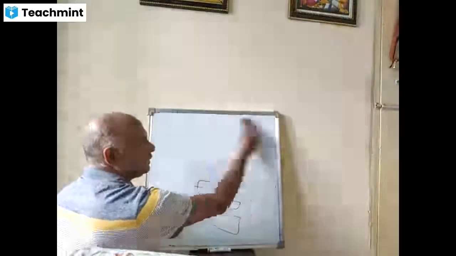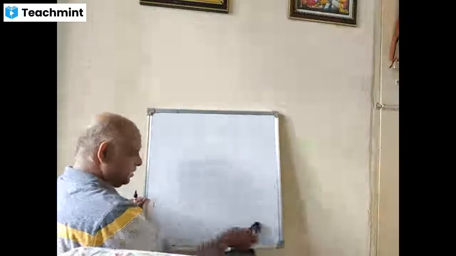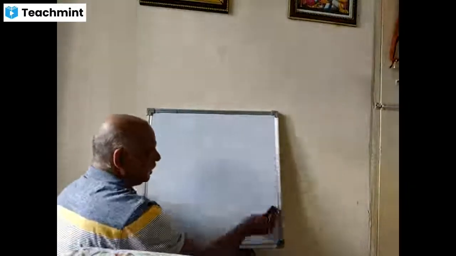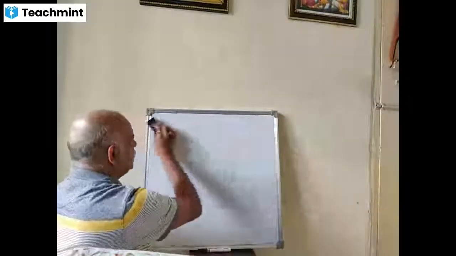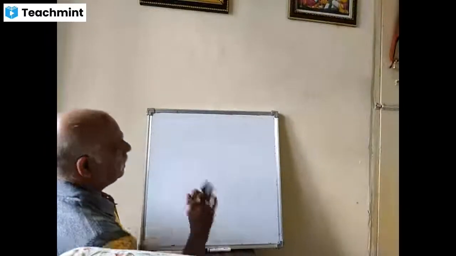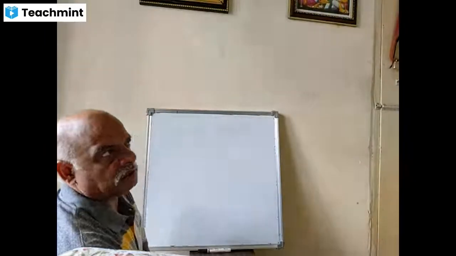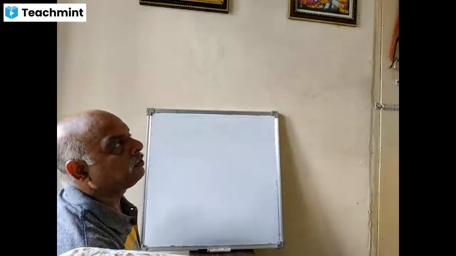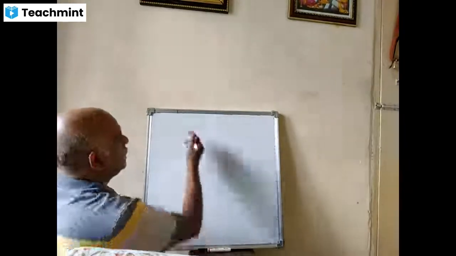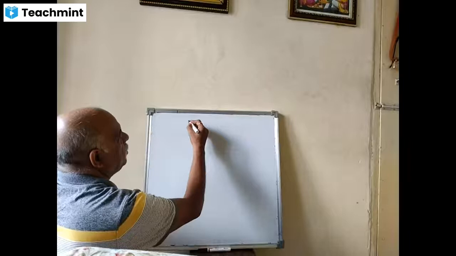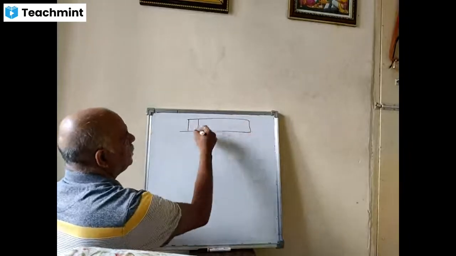Is it clear? Yes or no? You have to go through the notes, study the notes. For example, I will write one small program: create a dynamic array using malloc. Normally you create an array of integers like this.